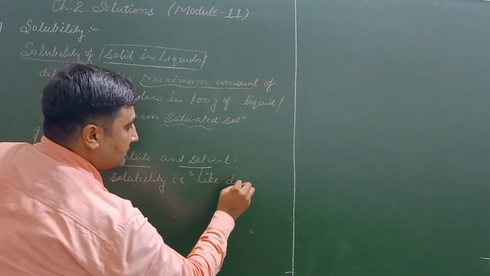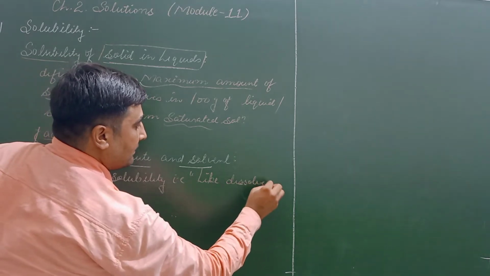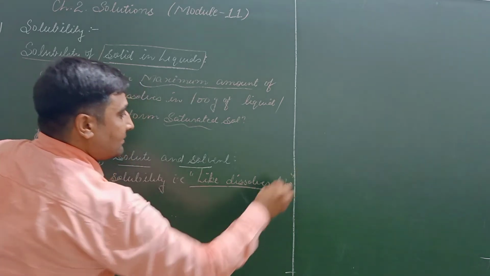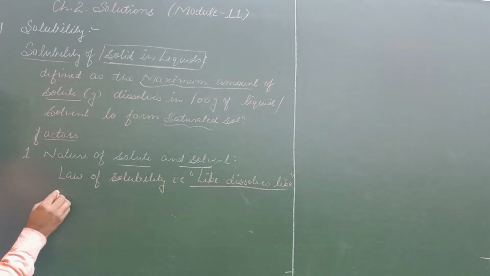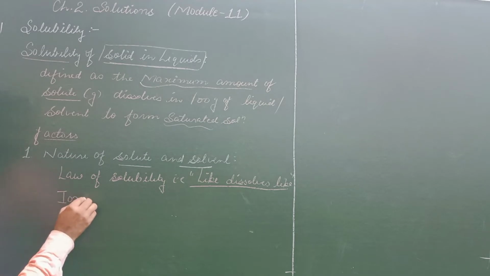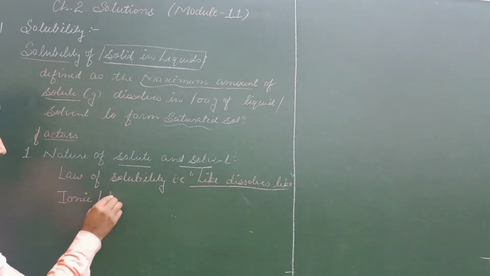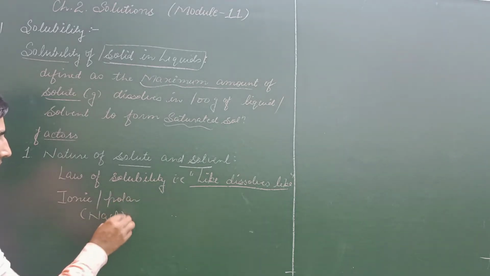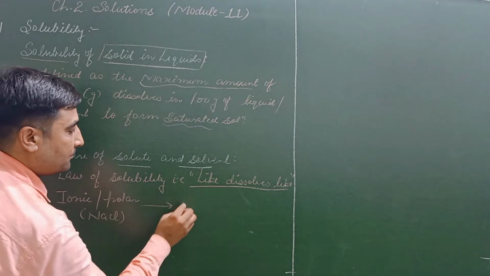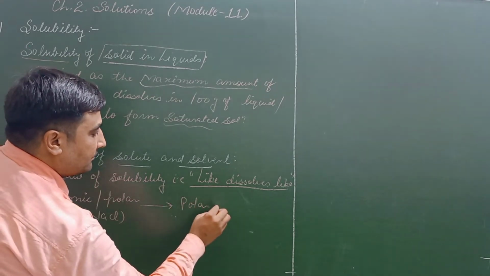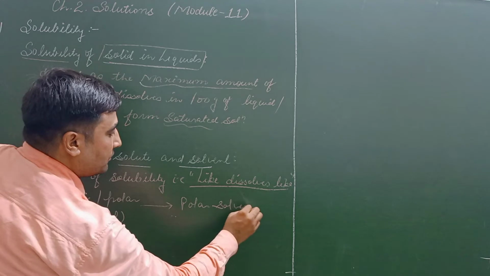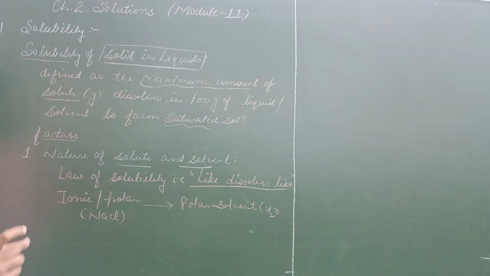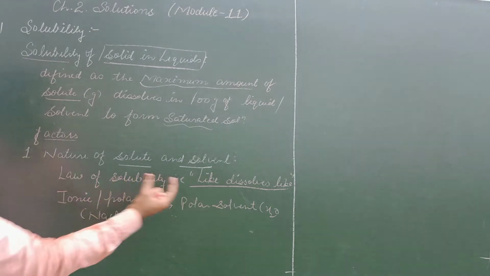It means suppose we have an ionic or polar solute like NaCl, that gets dissolved in a polar solvent like water. Whenever they match in the nature of solute and solvent, they get dissolved.